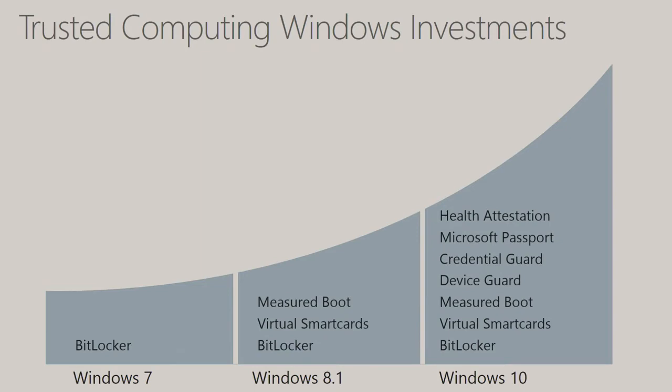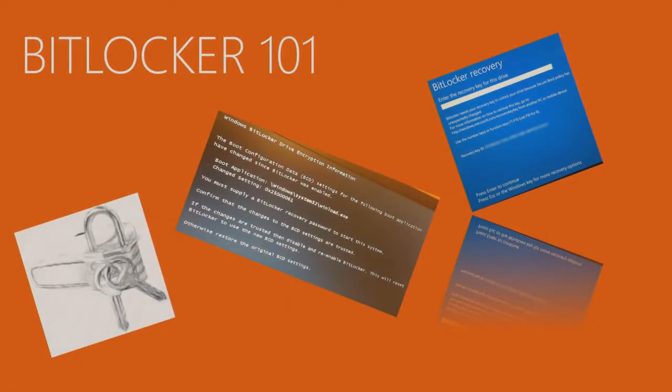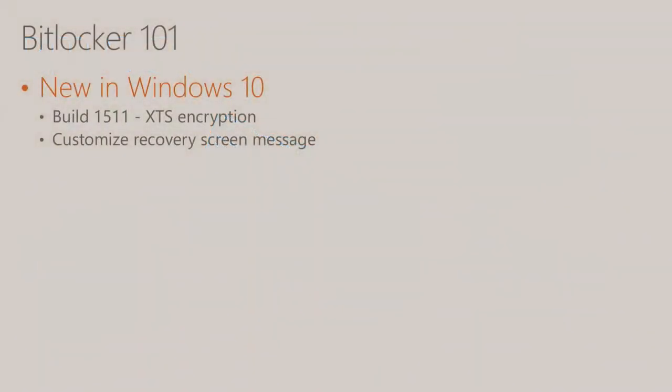Okay, BitLocker. By the way, anybody like the screens, recovery keys? In Windows 10, build 1511, we actually added XTS encryption. We got rid of diffuser. For those of you with Windows 7, you had the 128 with diffuser, 256 with diffuser, and then Windows 8.1 came along, and you're like, where did that go?